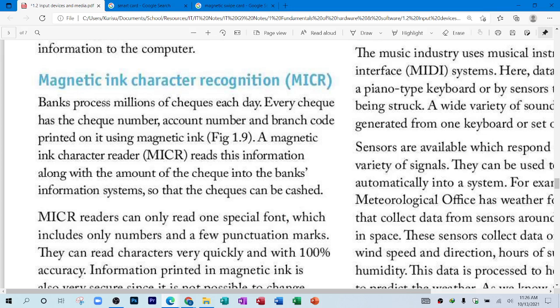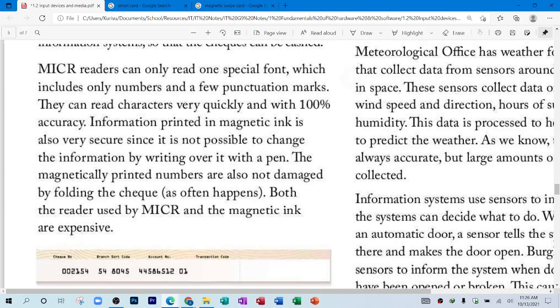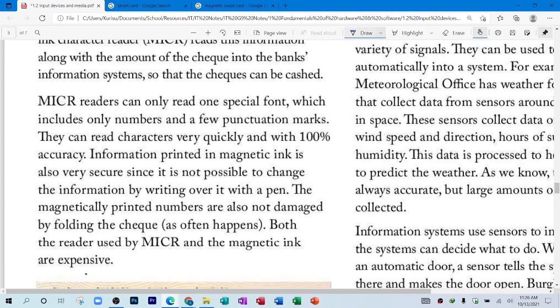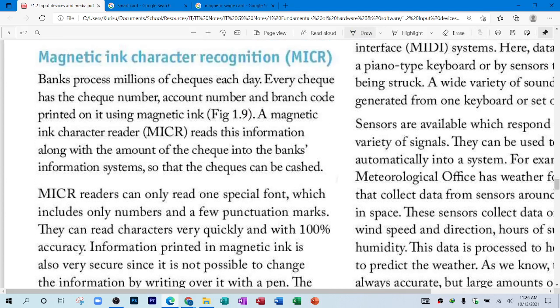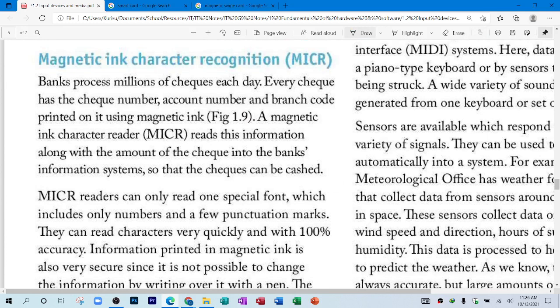Magnetic ink character recognition. Banks process millions of checks each day. Every check has the check number, account number, and branch code printed on it using magnetic ink. A magnetic ink character reader reads the information along with the amount of the check into the bank's information systems so that the check can be cashed.